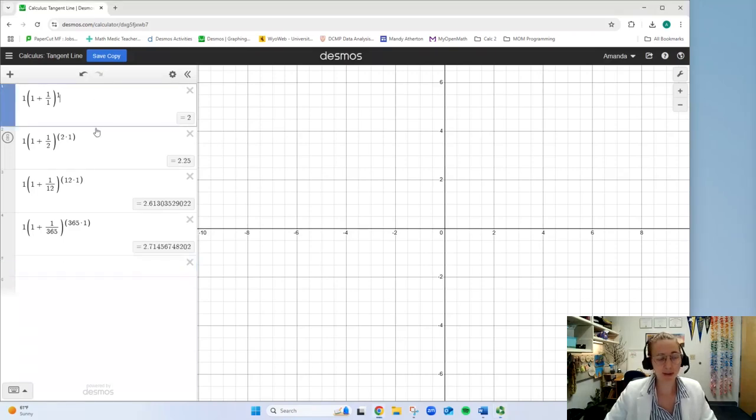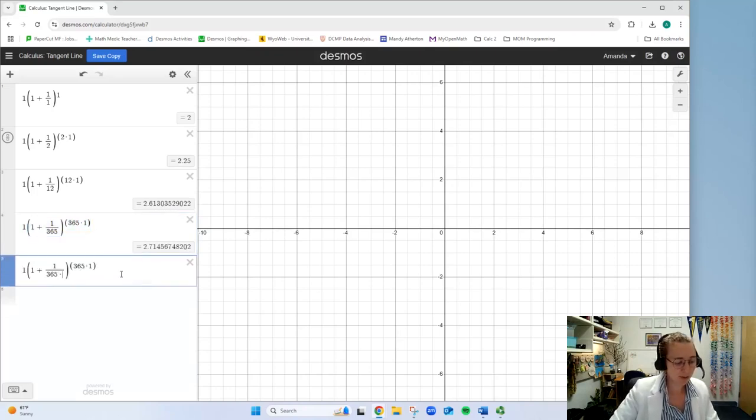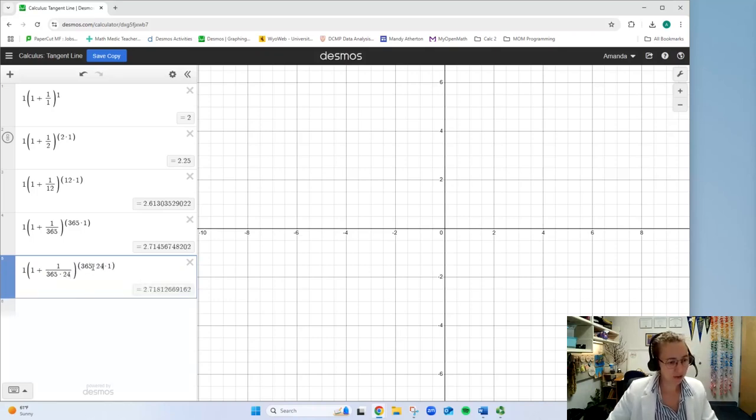This first one, it's compounding annually, semi-annually, so twice a year, monthly, so 12 times a year, daily right here, which that's what credit cards compound. And then let's just do every hour. So I'm going to multiply this by 24 and multiply this by 24.